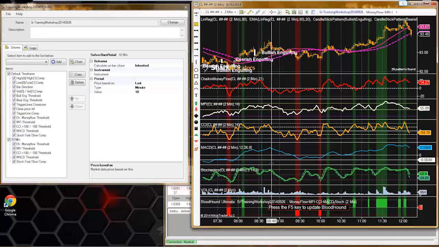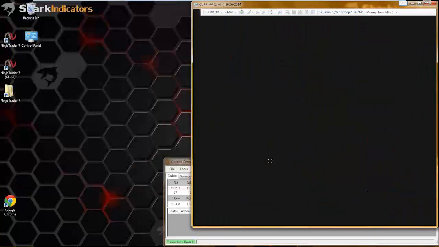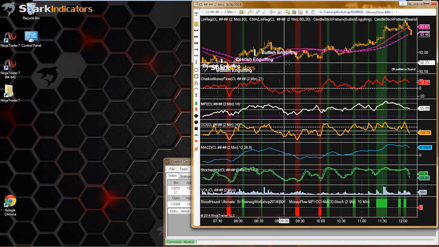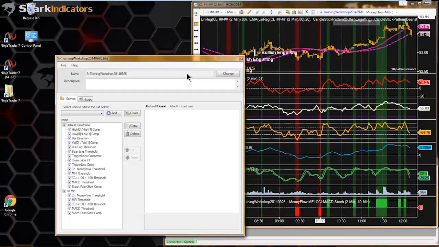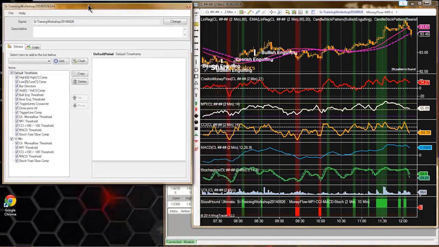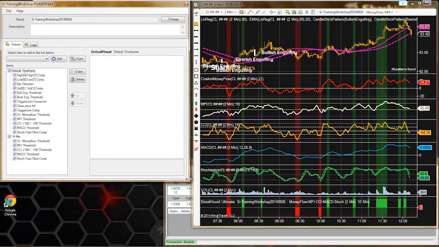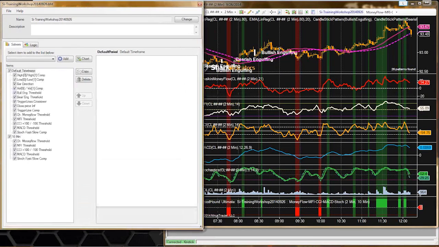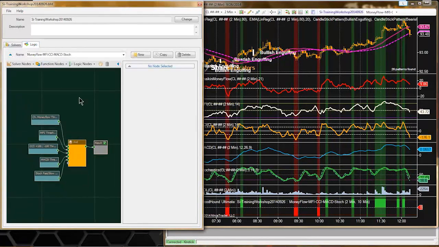The only way is to hit F5 on our 2-minute chart here with BloodHound. Okay, so that 10-minute data is built, and now I can go back into BloodHound and continue on here. So let's switch over to the Logic tab.